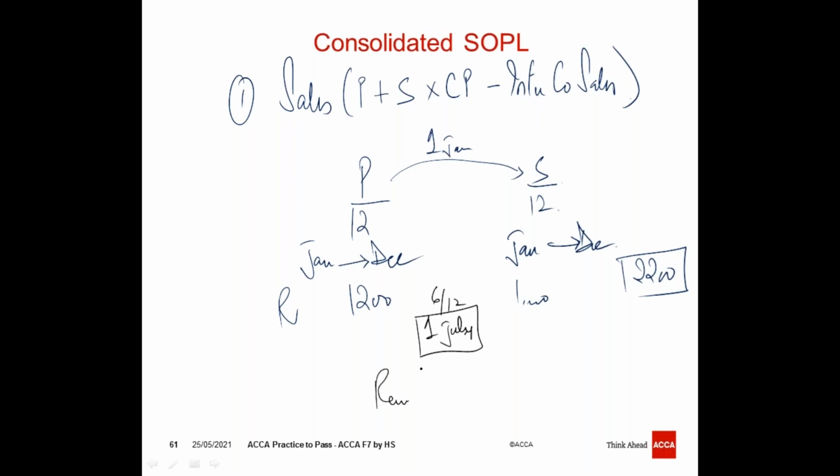So consolidated revenue will be calculated as 1200 plus 1000 into 6 upon 12. So the whole of the income statement item should be proportionated on 6 upon 12 if the date of acquisition was during the year. That is the most important point of income statement consolidation, and intercompany sales should be deducted.